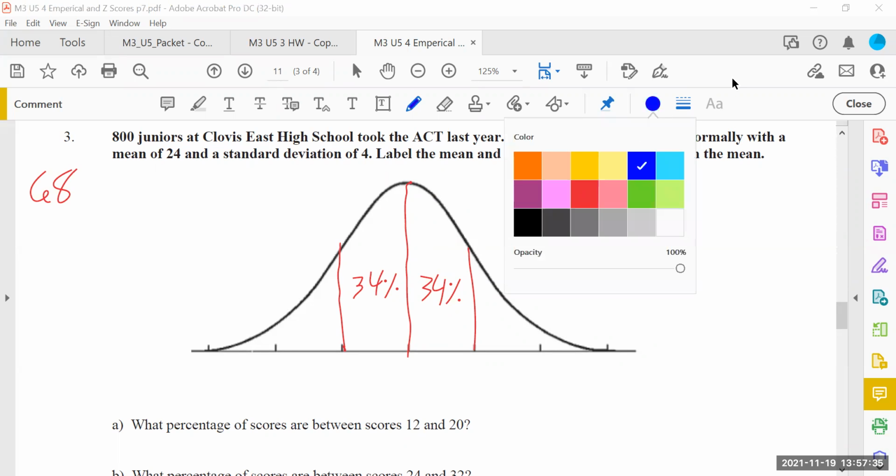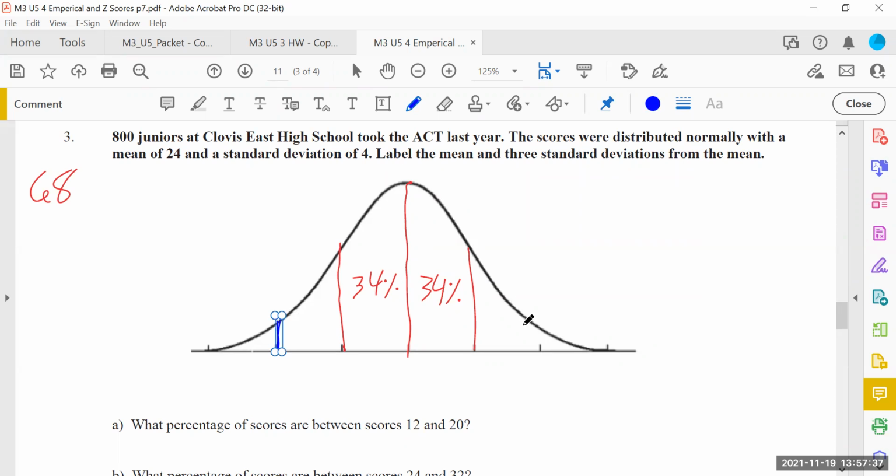If I go out another standard deviation, 2 standard deviations out, that's supposed to be 95%. So 95%, you could do 95 minus 68 divided by 2, gets you 13.5%. Let's rewrite that a little bit clearer. 13.5% there and 13.5% there.